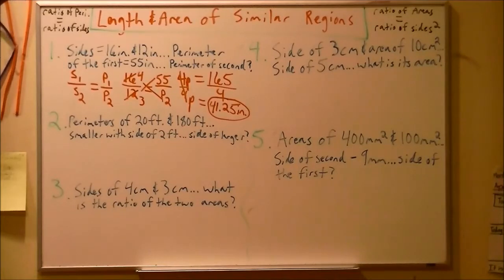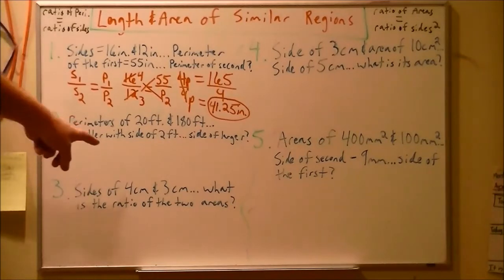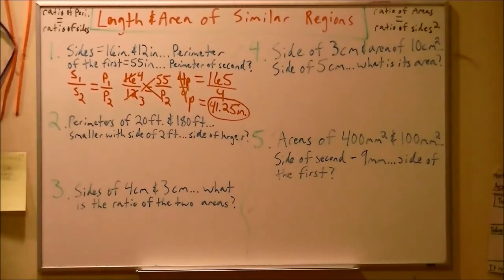So one is quite more sizable than the other. In fact, 9 times, you can tell just by looking at it. 9 times larger. The smaller hexagon has one side of 2 feet. And so find the corresponding side of the larger of the 2 hexagons.